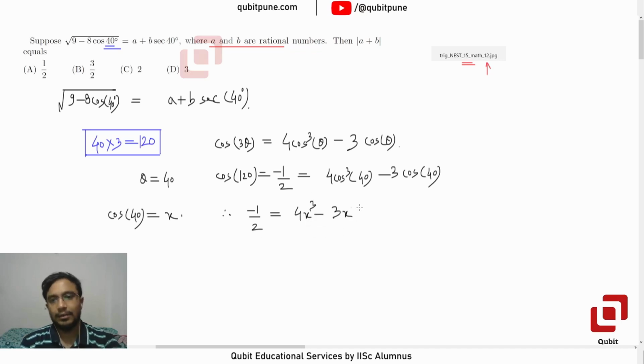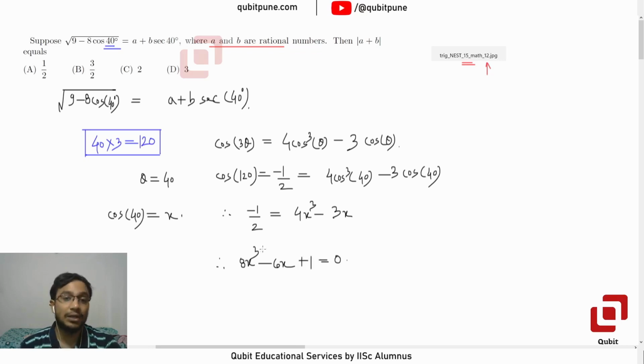Let us now shift this negative 1 upon 2 to the other side and multiply by 2. Multiplying by 2, this gives me 8x cubed minus 6x plus 1 equal to 0.